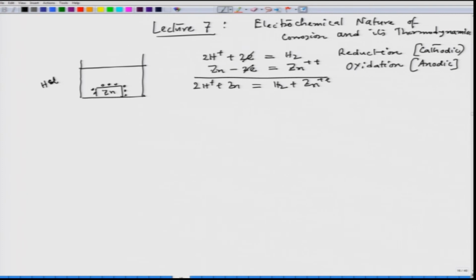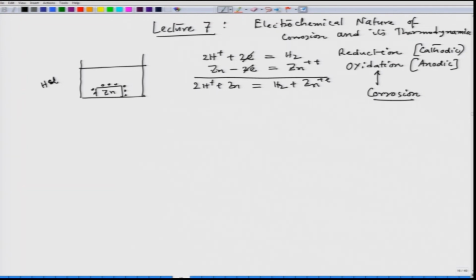Now, this is the complete reaction. As we have understood before, when a metal atom converts to a metal ion, it goes into the solution, and that we call corrosion. This is nothing but corrosion. So, oxidation is nothing but corrosion.